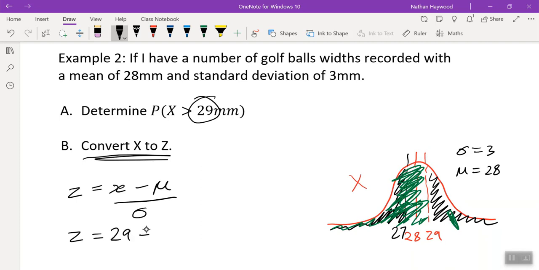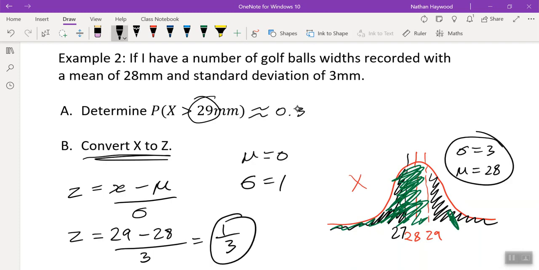What's the mean? 28. What's the standard deviation? 3. So we have a z-score of 1/3 for a 29 millimeter width. Does that make sense?